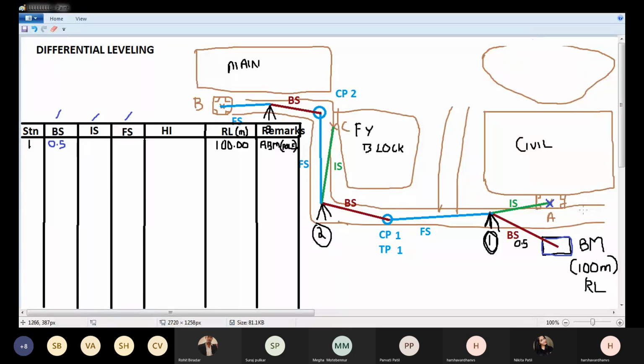So the final staff reading before you end the survey or before you shift the instrument is called foresight. Otherwise, it is called intermediate sight. Are you clear with what is foresight and intermediate sight? Both are readings taken on points of unknown elevation, but the difference is foresight is the final staff reading before you end the survey or before you shift the instrument.